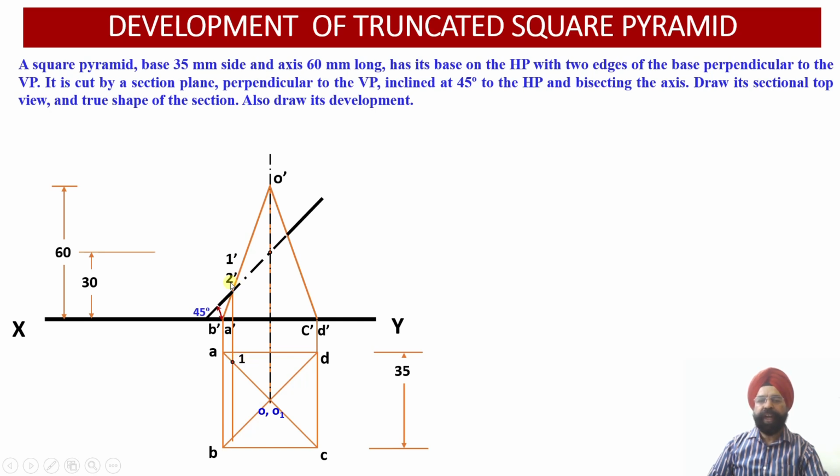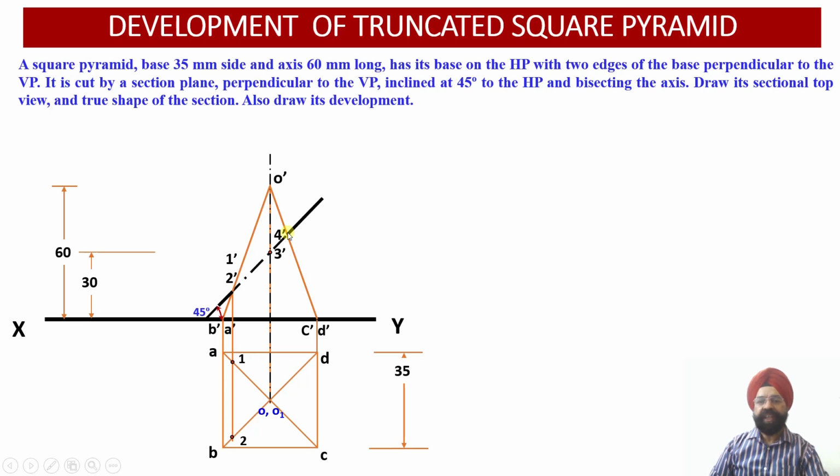Similarly, from point 2 dash, which lies on the front view of the slant generator OB, that is O dash B dash, wherever the vertical projector intersects with the top view corresponding to the slant generator OB, I get the intersection point as point number 2. Similarly, here I have another couple of points of intersection with the cutting plane.